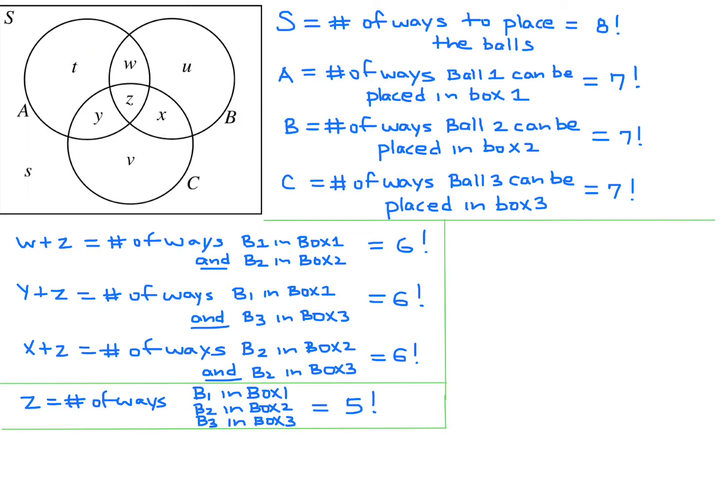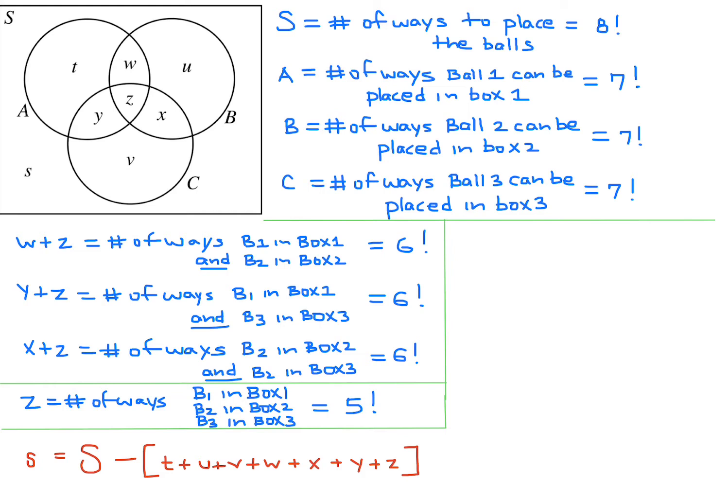So small s would be the big S, the big universe, minus all of those letters, which is T plus U plus V plus W plus X plus Y plus Z. If I can figure that out, I'm done with the question. All right, I think I can do that. Instead of plugging it all in at once, it will become very confusing. So let's do this a little bit at a time, one at a time.